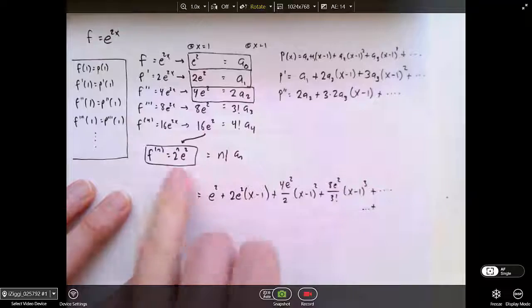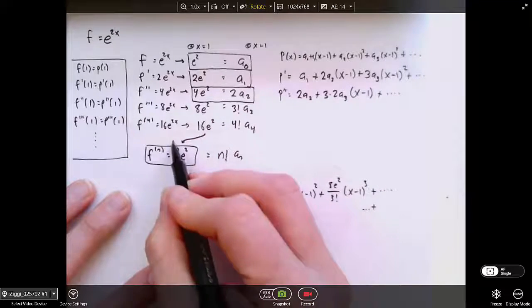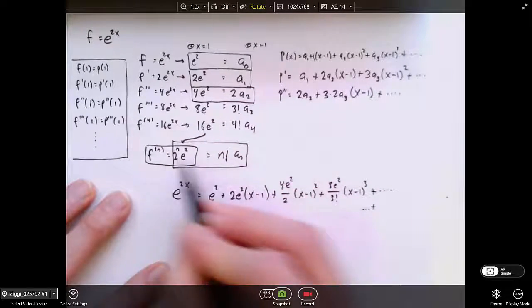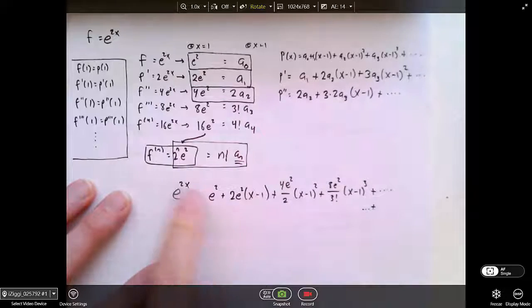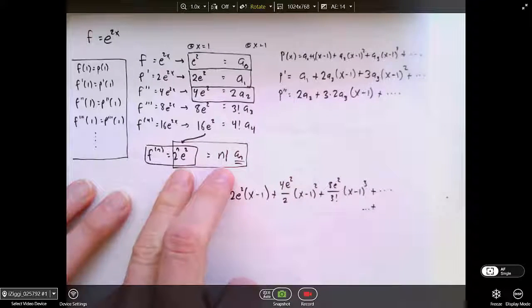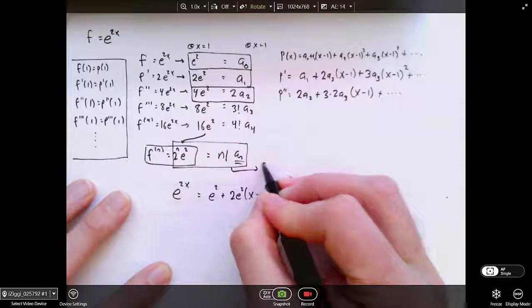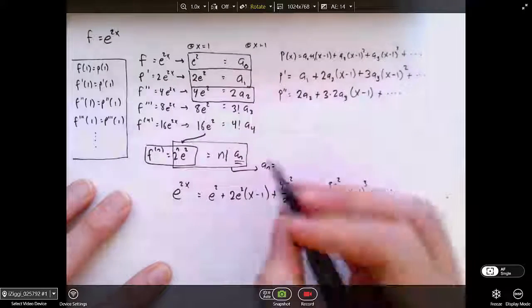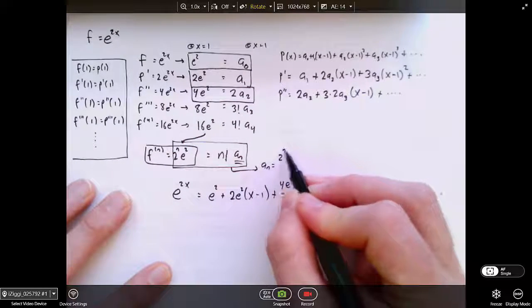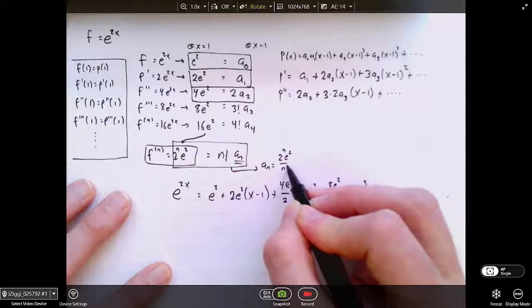is, where did I do it? Okay. So I'm solving this equation here for a sub n. So I'm going to divide both sides by n factorial. And I'll get the nth coefficient is 2 to the n e squared over n factorial.